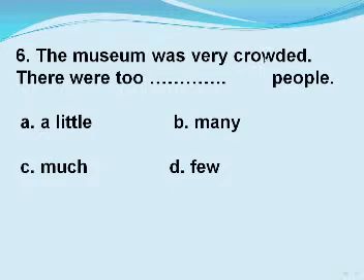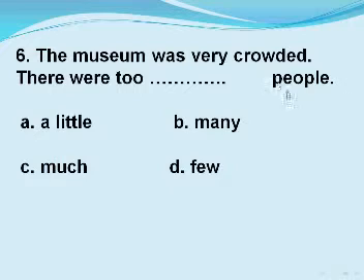Number 6, the museum was very crowded. There were a little people, or many people, or much people, or few people. If the place is crowded, of course that does not mean we have few people. So we cannot answer using the word few, and little is a quantifier that comes with uncountable nouns.